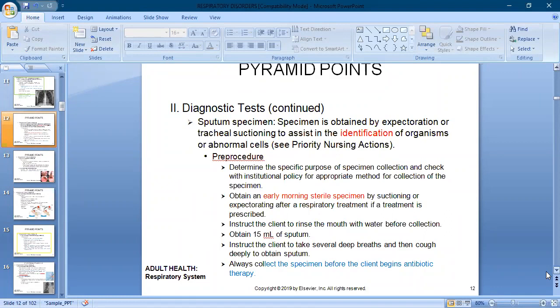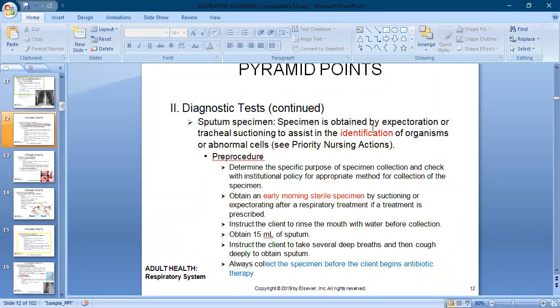Also, it indicates if the acid-fast bacilli (AFB) is positive, the patient has TB, right? Another thing is that sometimes there are so many infections, we have to collect the sputum. So how do we collect the sputum?